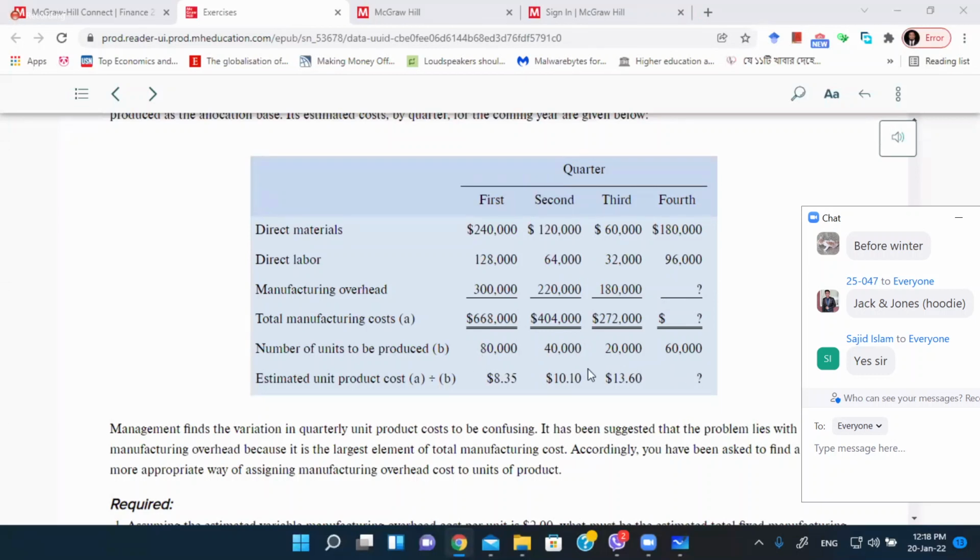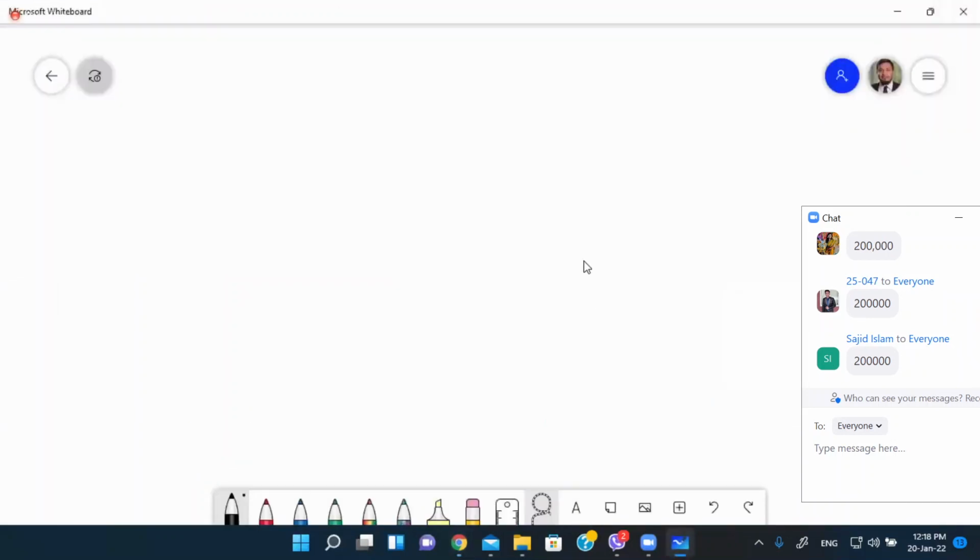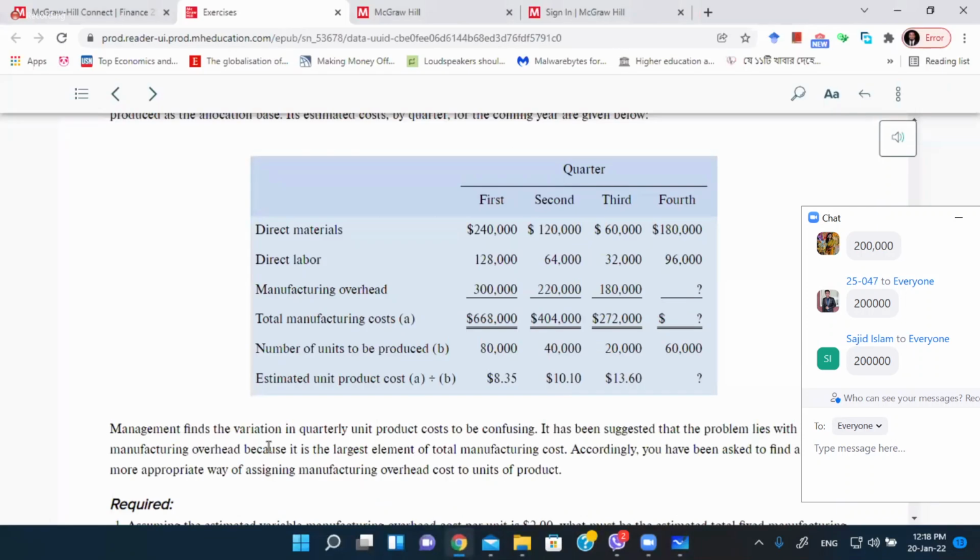If we add all of this, how much will we get? 200,000 units. I see responses are coming. If we sum all of this, we are trying to get the annual number of units to be produced, an estimation. It should be 200,000.